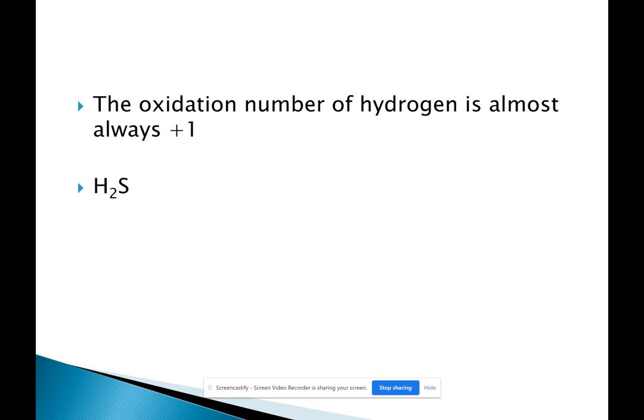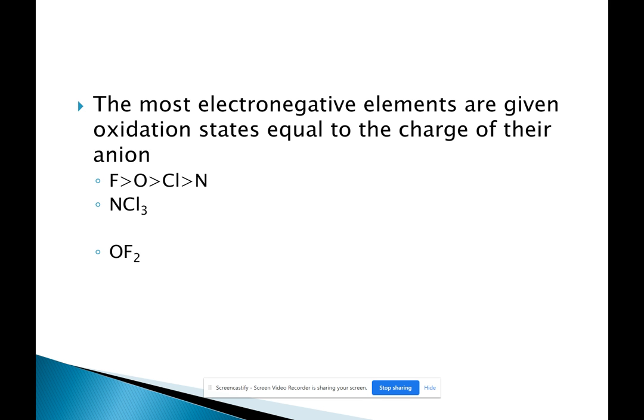Oxidation number of hydrogen is +1. There is a rare instance where it's not, so we're just going to say oxidation number of hydrogen, no matter what compound you have, is +1. And then when you are dealing with nonmetal situations, you go by electronegativity. So the most electronegative elements are given their oxidation states equal to their charge.